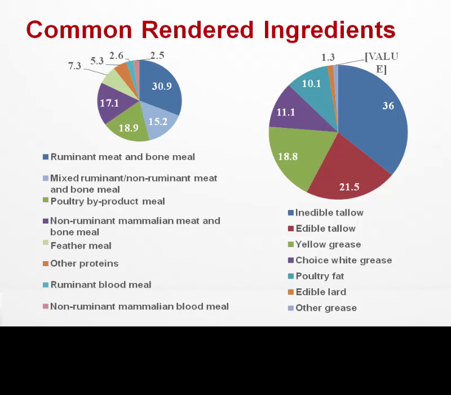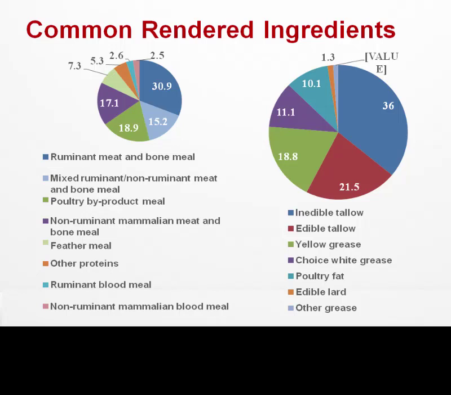Some of the most common animal proteins used to manufacture animal feeds include meat and bone meals, poultry byproduct meal, spray-dried animal plasma, fish meal, and blood meal. Meanwhile, all fat products that contain not more than 0.15% insoluble impurities are technically allowed to be fed to ruminant animals.